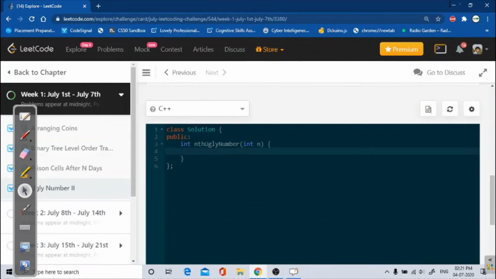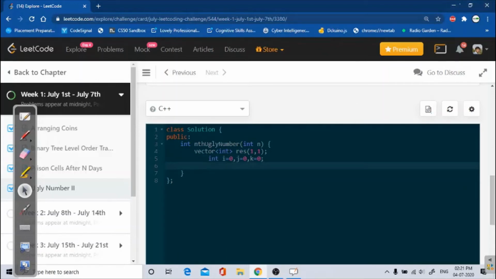So let's code, then you will get a proper understanding of what I want to explain to you. First of all, we have to create one vector to store values. Let's name it result. First we will make size 1 and store 1, because initially we know that 1 is an ugly number. After that I'll need 3 integers i, j and k, all equal to 0, because they are pointing to index 0, that is value 1.